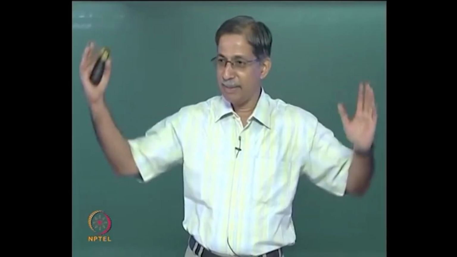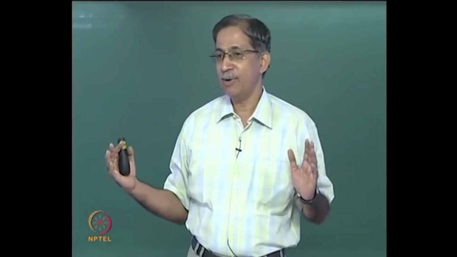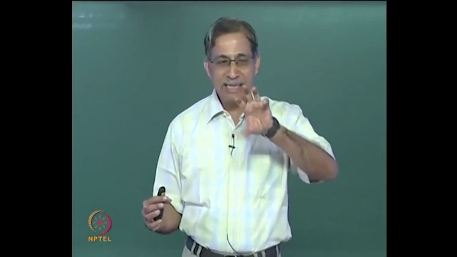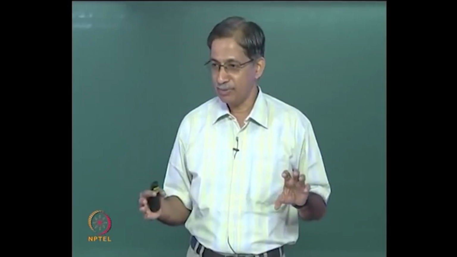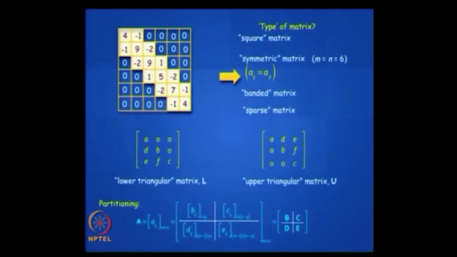You don't want to look at the big picture all the time, so you pick out little pieces from your big picture, but you should know where it is, how it is positioned and so on. You can draw these partition lines and subdivide, and different sub matrices will have different orders, but they should all add up to the order of the full matrix.